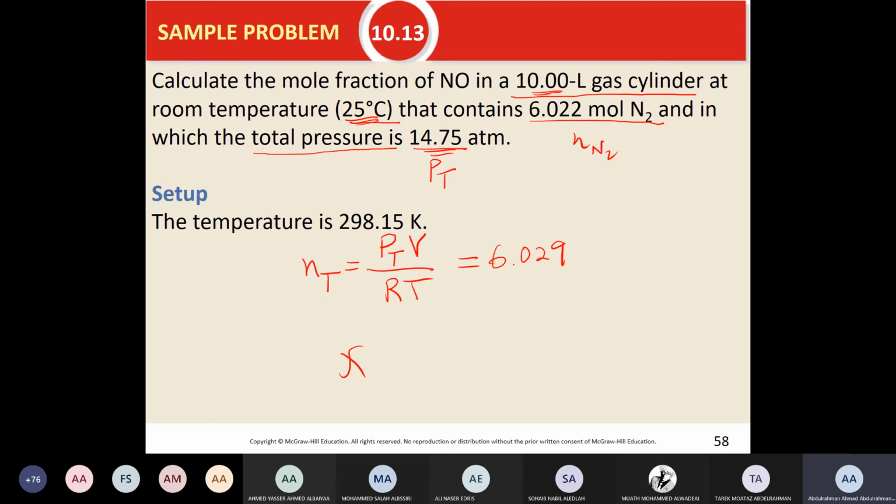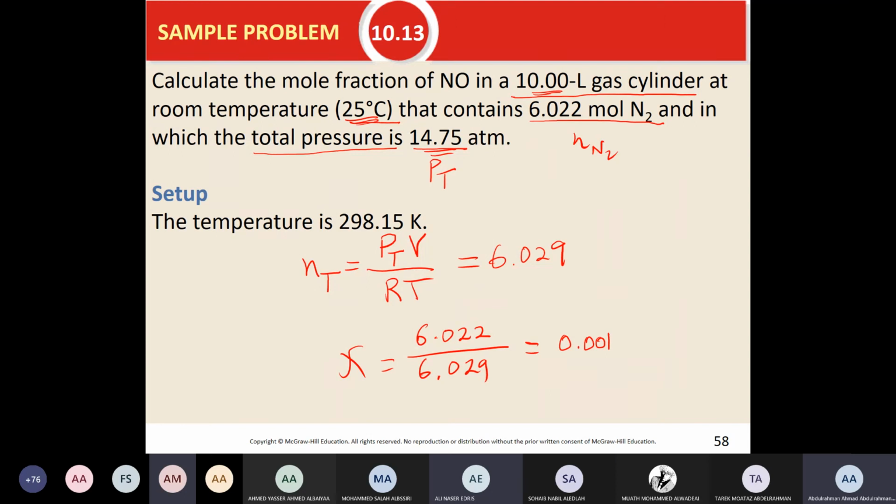Now, what's the mole fraction? 6.022 over N total. You may answer. Is it right?